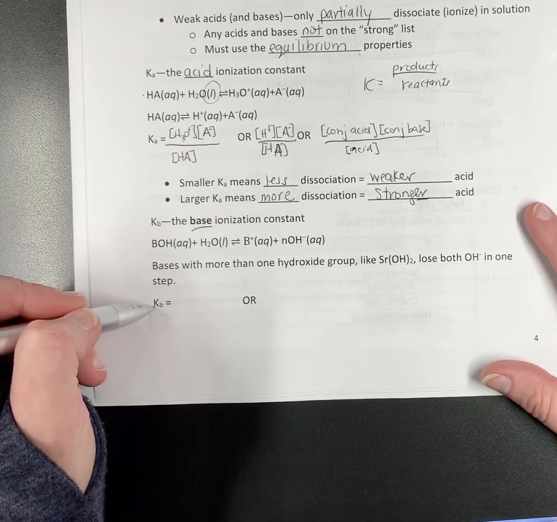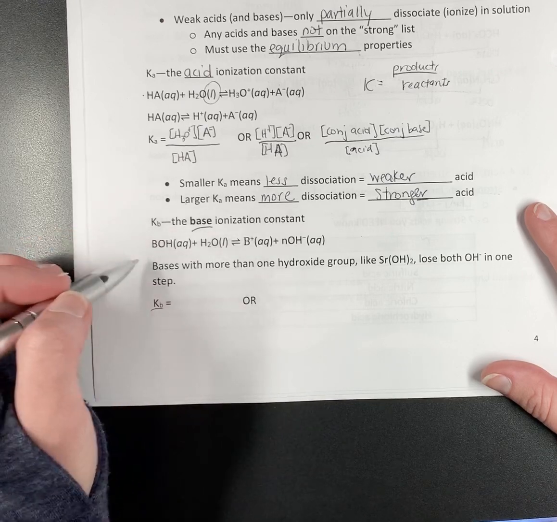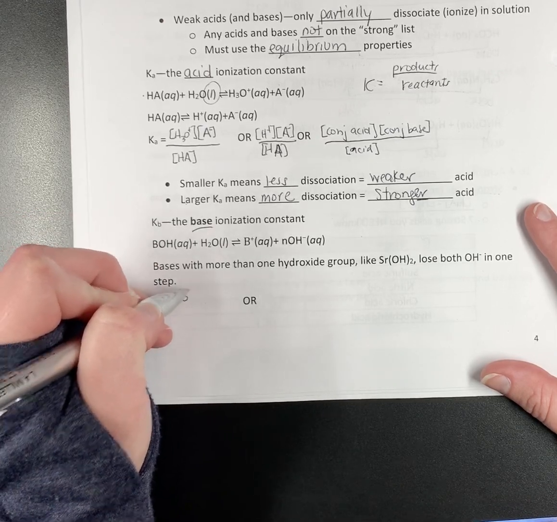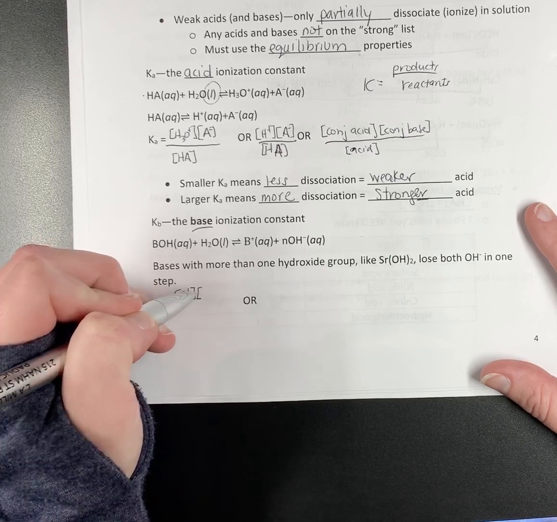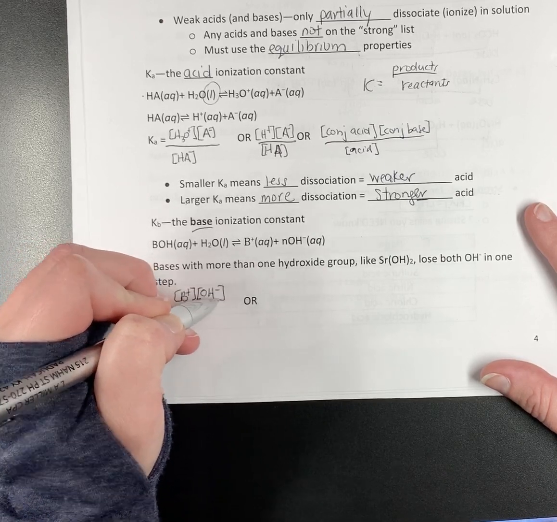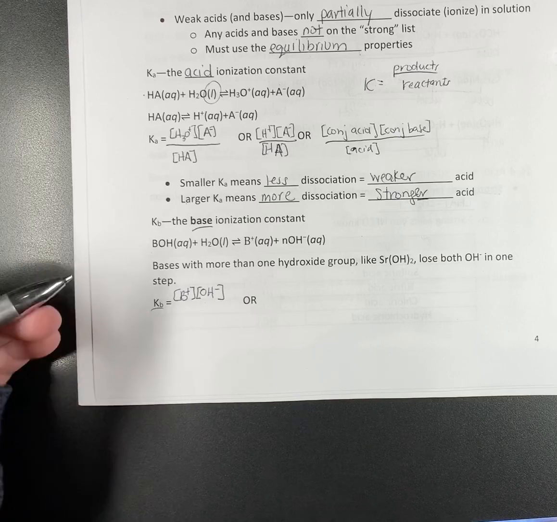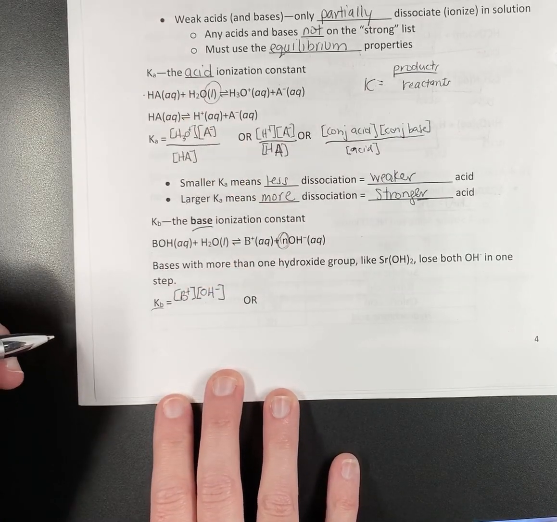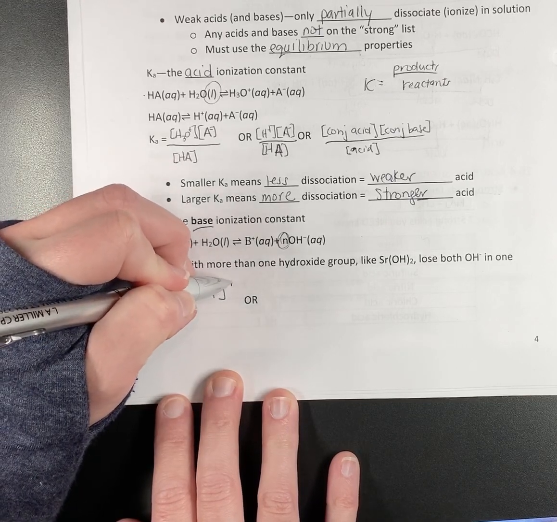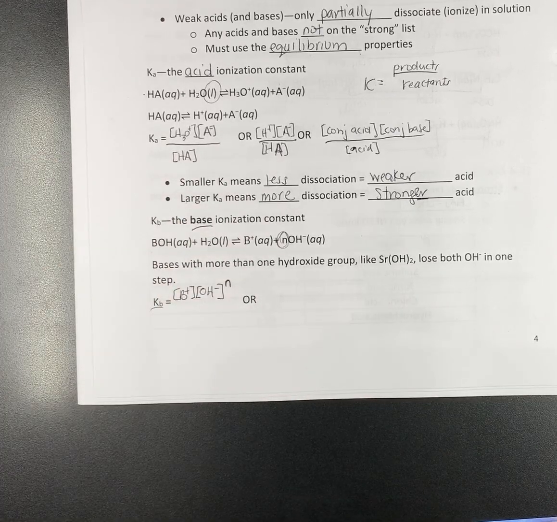So if you're going to write Kb, still talking about products over reactants, but here, when you have a Kb, you have to take into account the coefficient of your hydroxide. So you might have to deal with an exponent. This is why nobody likes Kb's.